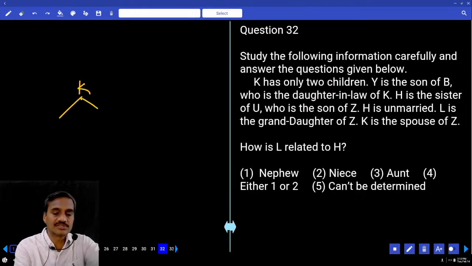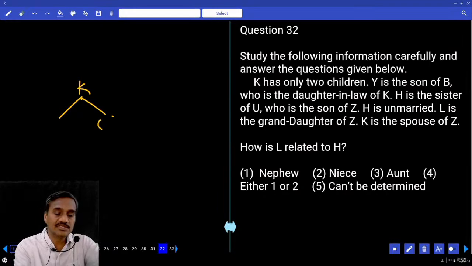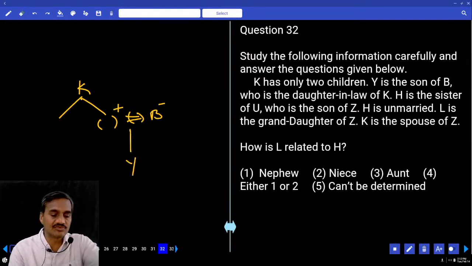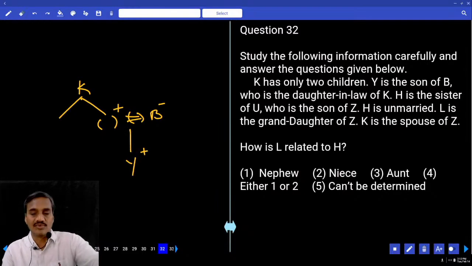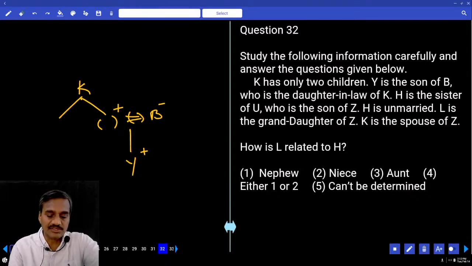Now this K, he is having only 2 children, and Y is the son of B. B, who is the daughter-in-law of K? B is the daughter-in-law of K means this B is K's son's wife. And Y is the son of B can be written like this. K has only 2 children, and H is the sister of U, and U is the son of Z. Who is this H?